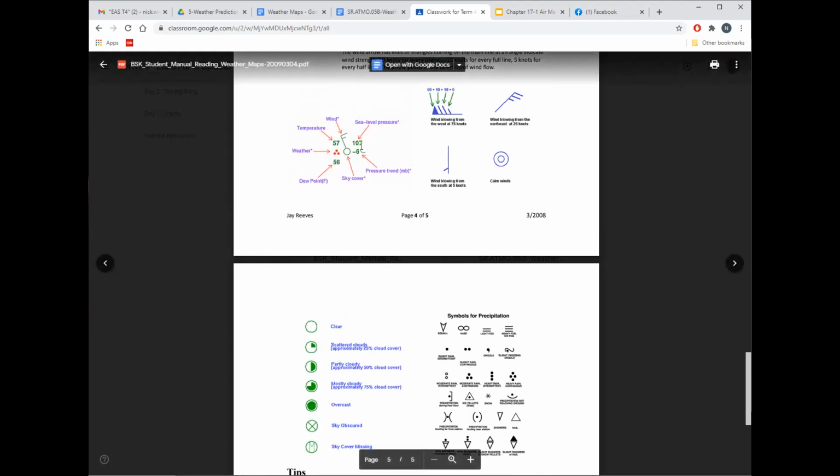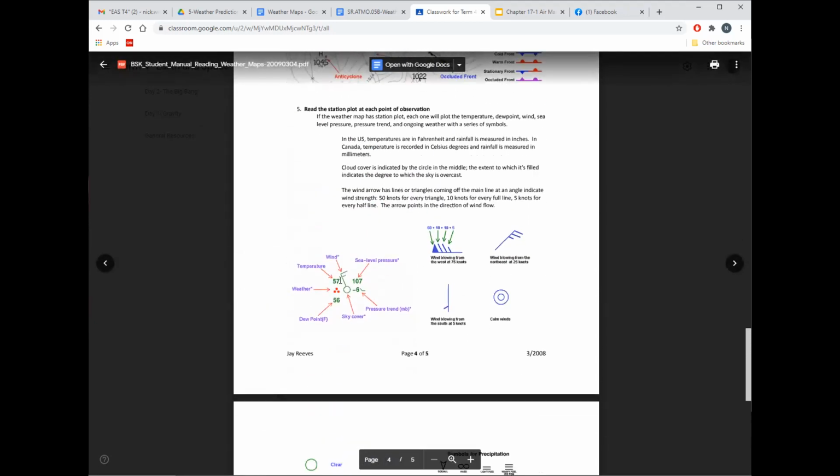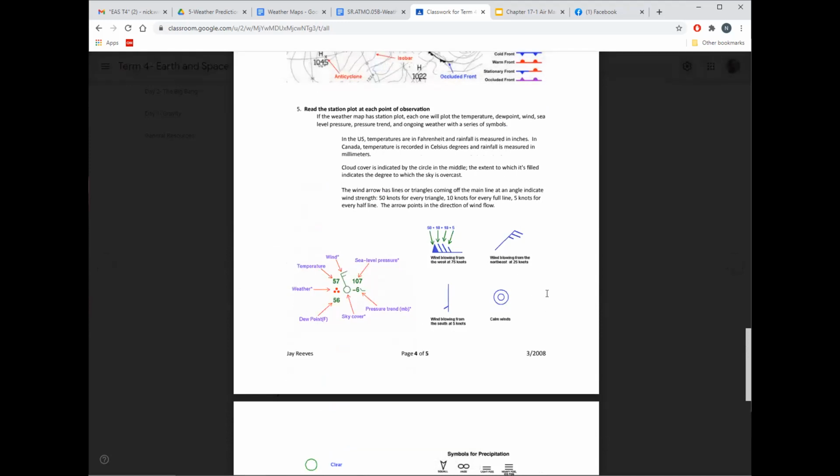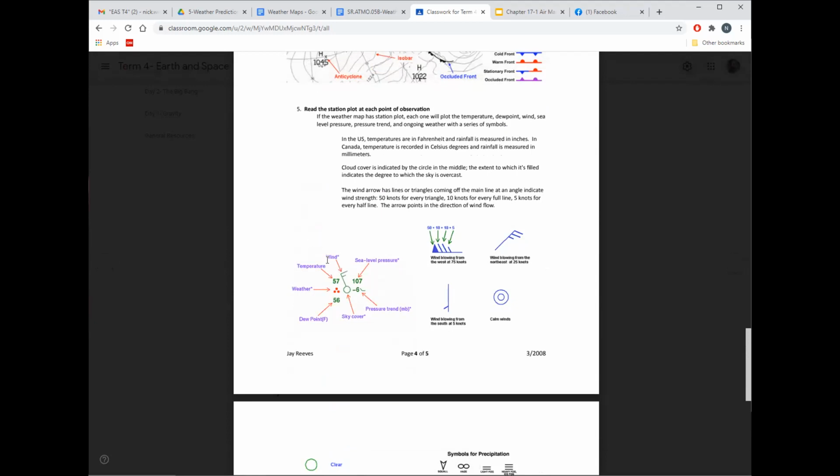The last bit of information that they're going to tell you is the wind direction and the wind speed, and that key is right up here. The line is going to show you where the wind is blowing from. Winds are named where they come from. That's really key. So the wind is blowing from the northeast. In this example over here, the wind is blowing from the northwest.